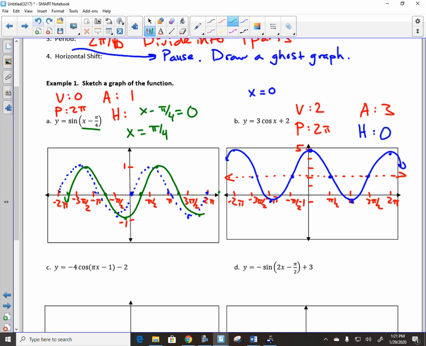When we draw it, hopefully your new graph looks like an exact replica of the dashed one before it, just shifted to the right, pi over 4 units. If I grab this and drag it, you can tell that is in fact what I get.